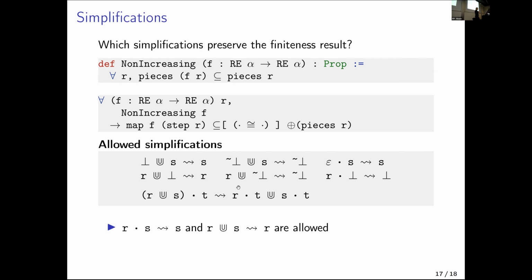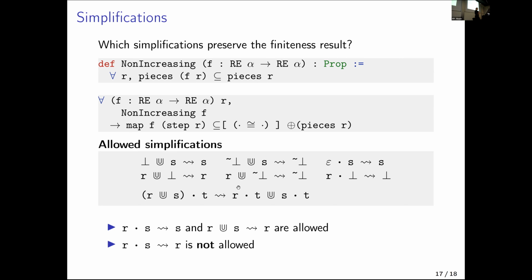For example, R concatenated with S can be simplified to S, which in terms of language semantics doesn't make sense, in the same way that the union can be simplified to either the left or the right part. So we have to be careful about which simplification rules we actually would like to include according to what makes sense based on the language semantics.